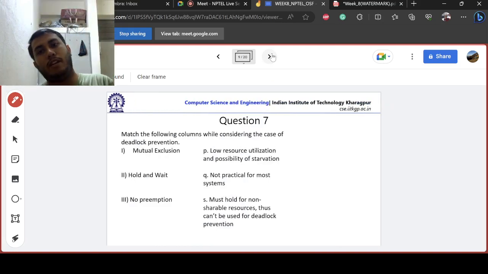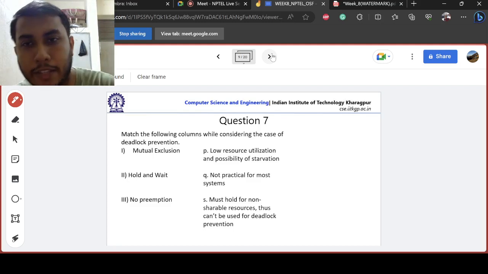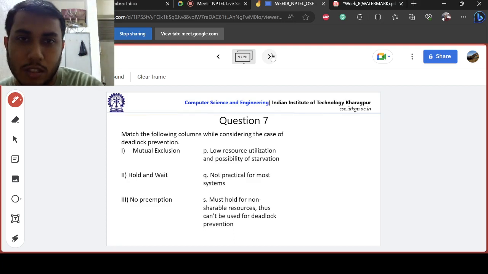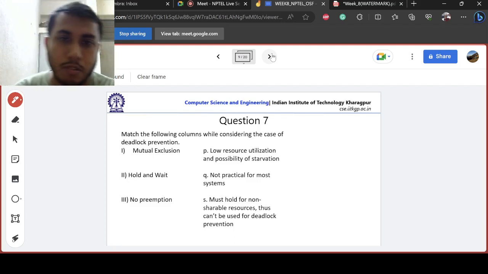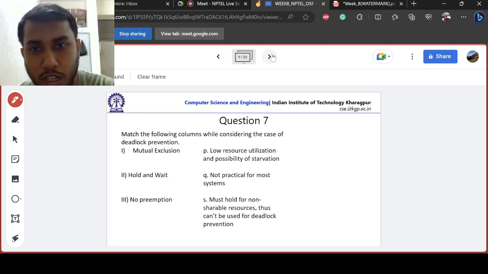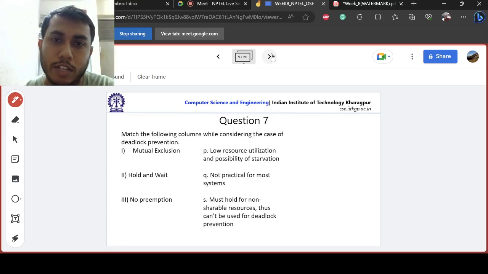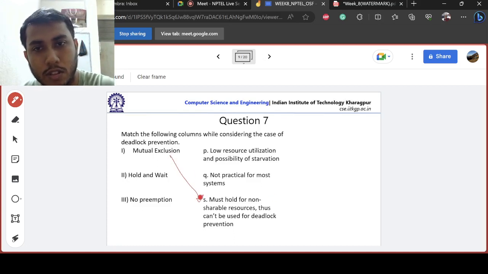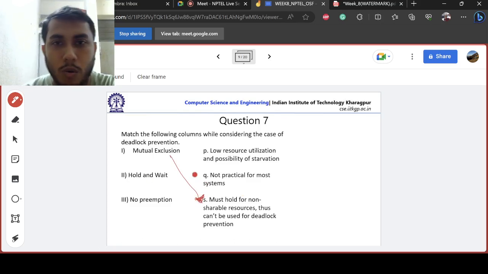So you have been given these columns, you need to match them. Mutual exclusion, while considering the case of deadlock prevention. We have seen that mutual exclusion cannot be used for deadlock prevention because it holds for all non-shareable resources. Now hold and wait.